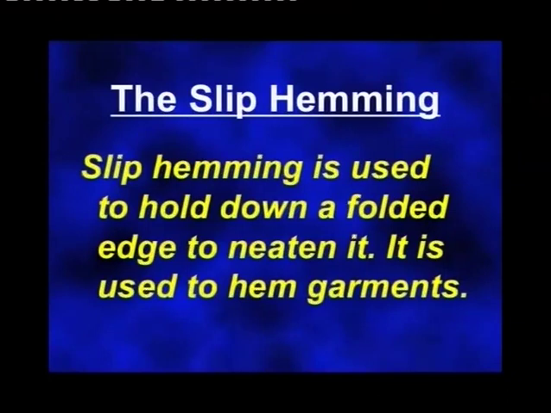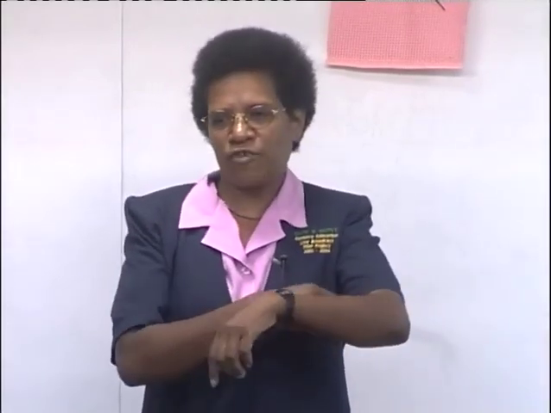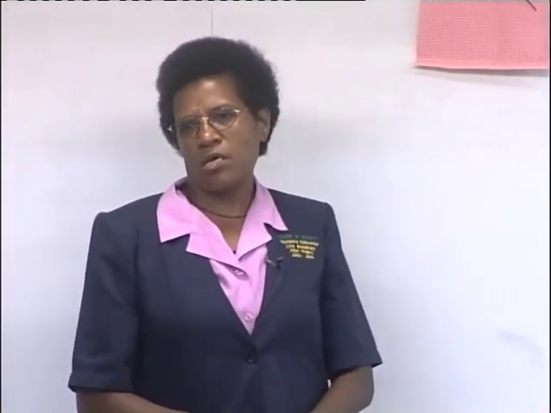Okay, slip hemming is used to hold down a folded edge to neaten it, and it is also used on hems of garments. The clothes that you wear, the pairs of trousers, the skirts, your shirts, the edge of it is hemmed in using one of the hemming stitches, which is the slip hemming.